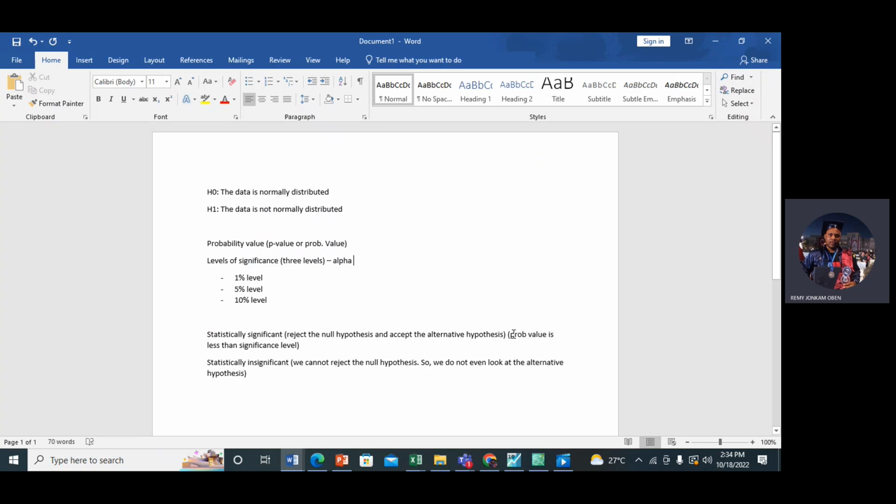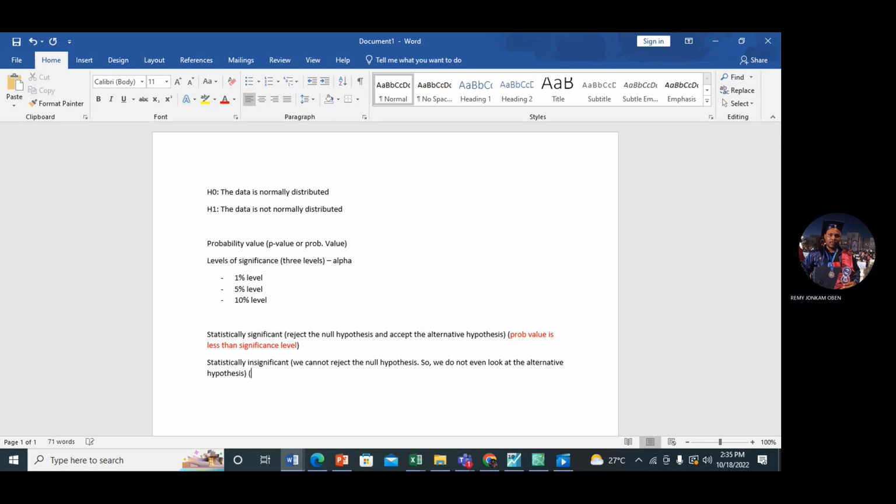So if your probability value is less than the significance level, then we can reject the null hypothesis and accept the alternative hypothesis. And in that case, we are going to say it is statistically significant.